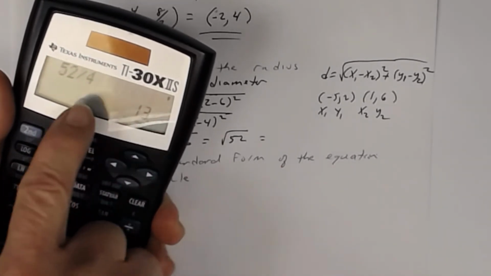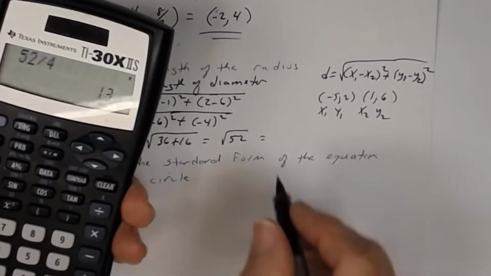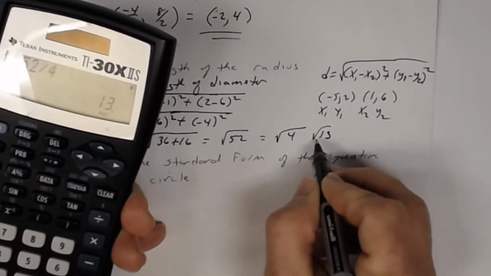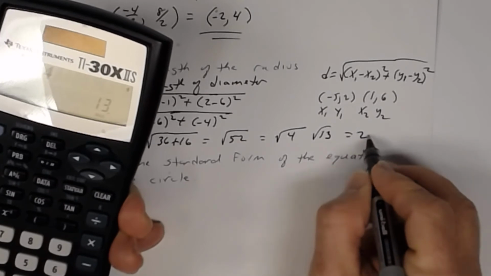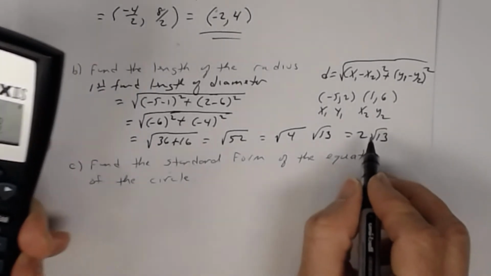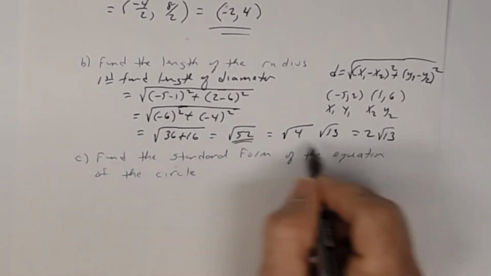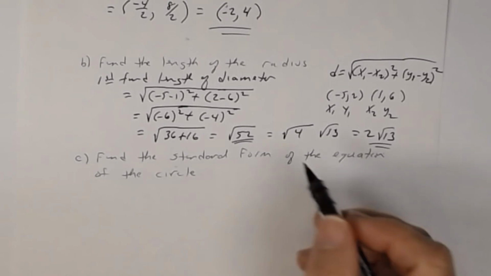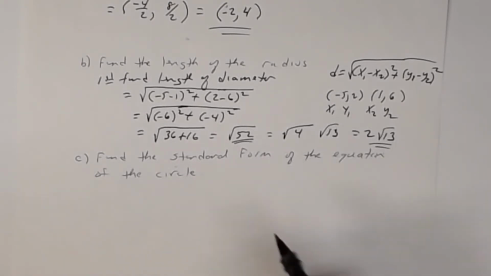So 4 is a perfect square that goes into 52. So this becomes the square root of 4 times the square root of 13, and the square root of 4 is 2. So you get 2 square root of 13. Okay? So you could have left it like this or like this. So if I tell you to simplify the radical, then make sure you simplify it. But on this kind, I'm not going to do that.